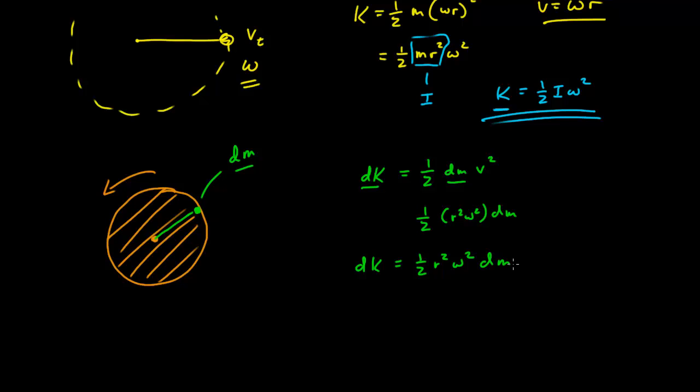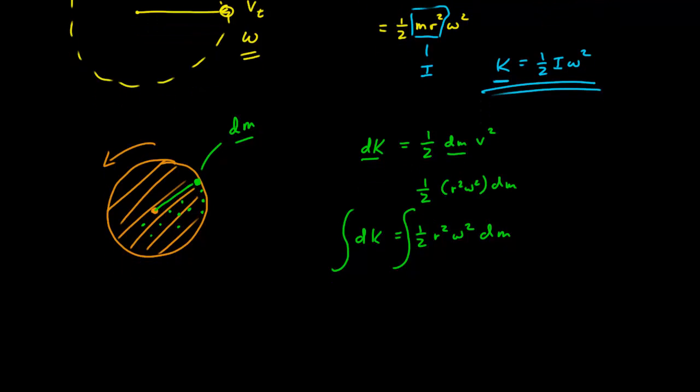Now what I want to do is add up all the little masses everywhere in my disk. There's a mathematical representation of that statement: I add up all my little kinetic energies, and I get the total kinetic energy of the system.